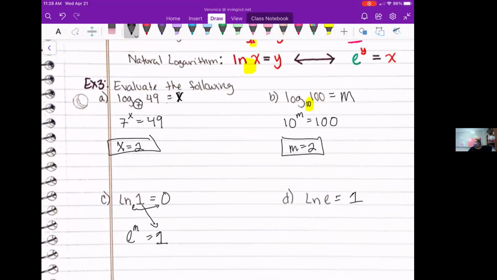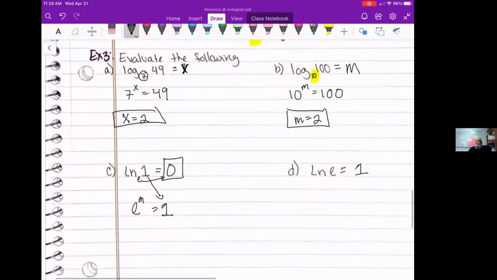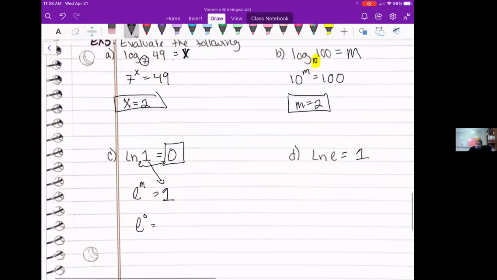This is the laws of exponents, from some lesson back in the day, right? Any base to the power of 0 is 1. So that's why your answer is 0. So e to the power of 0 is 1. This is the zero exponent law.